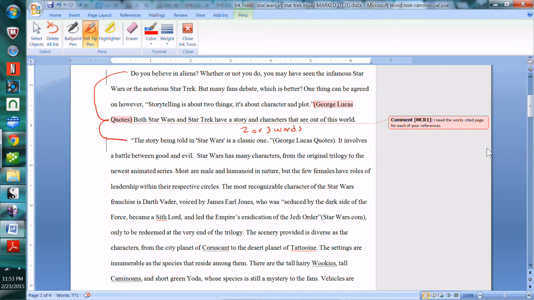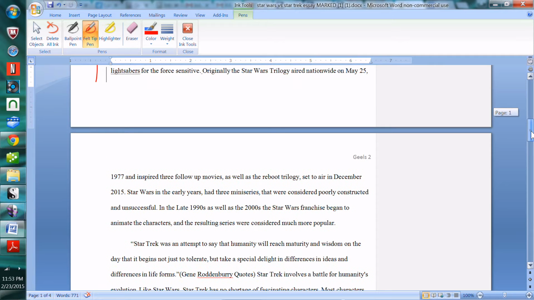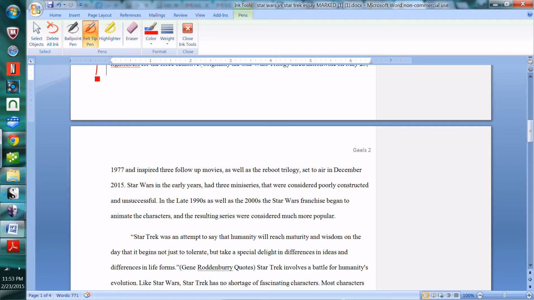And then, to make it even more complex, we're going to relate the beginning of the topic sentence to our last sentence in our paragraph. So we're going to relate it to this sentence.